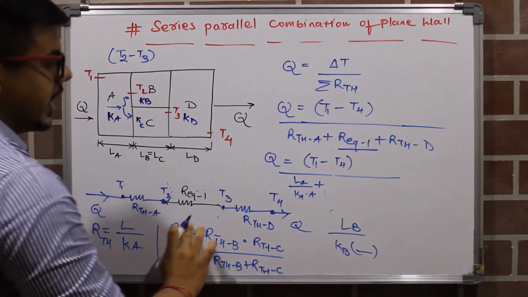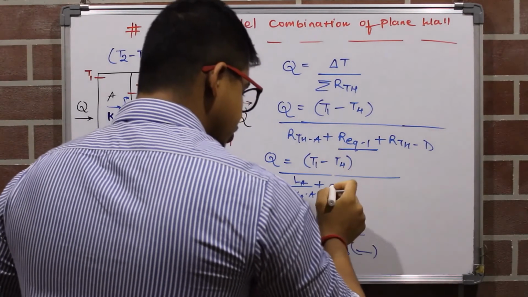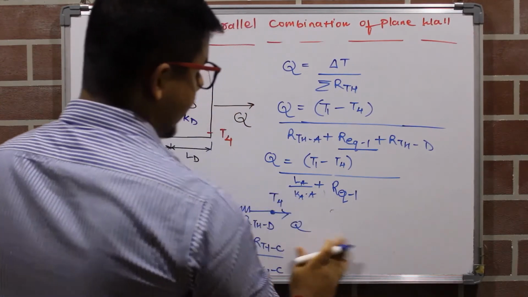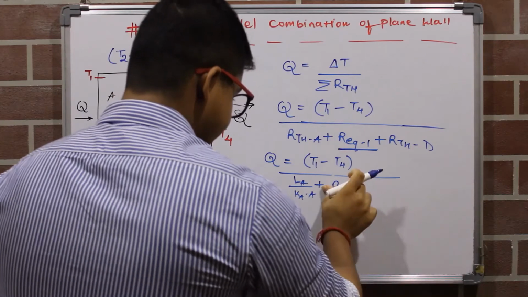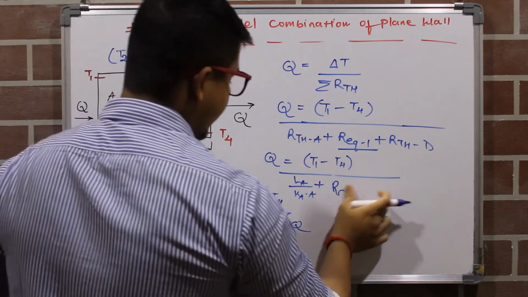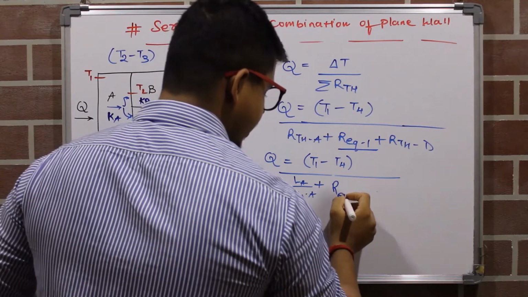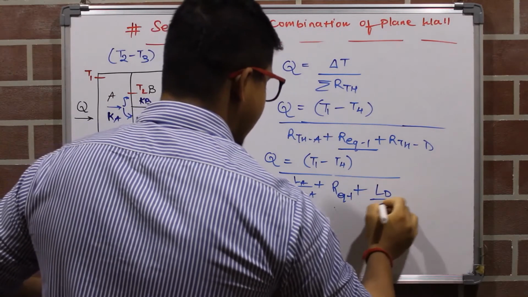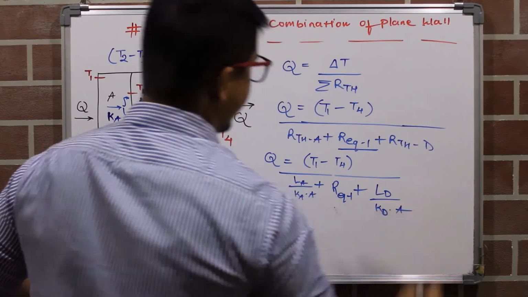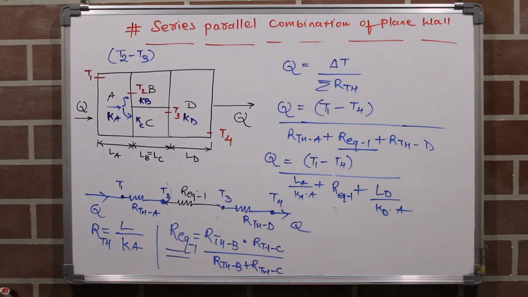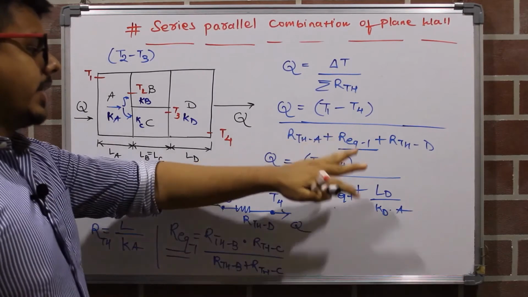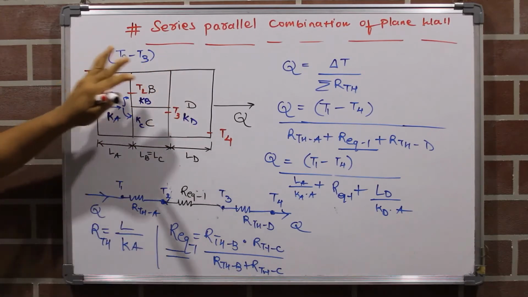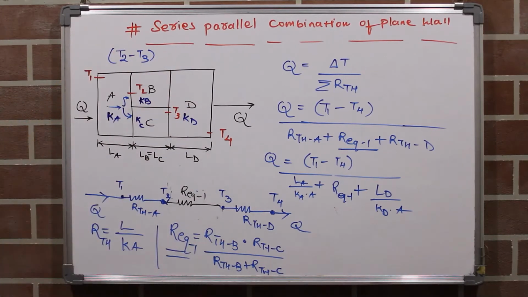You have to put that value here. I am writing only R equivalent 1 here, because we can find that value in the numerical. Then plus RTH D will be LD by KD into A. I hope you got the idea. By this formula we can find the overall heat transfer through these combinations of series and parallel walls.